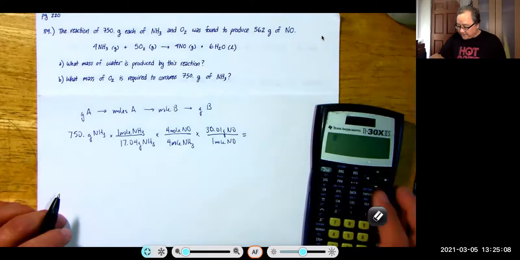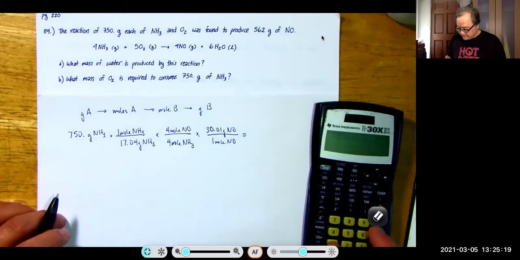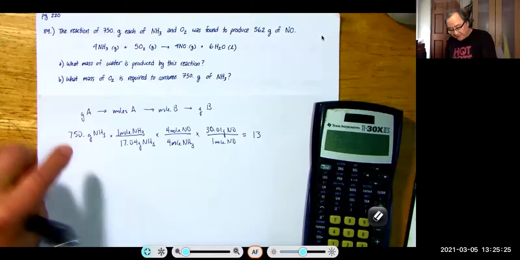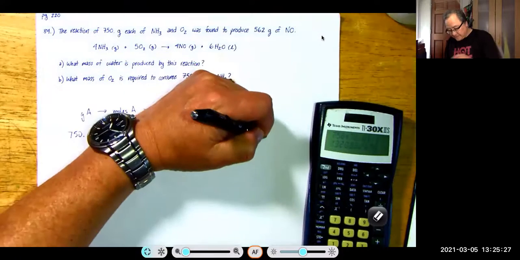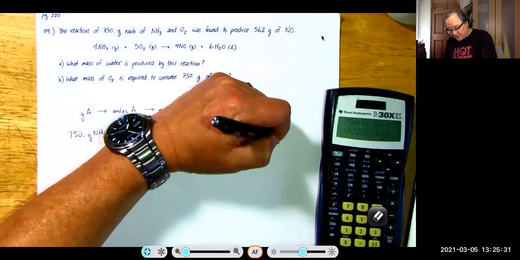And let's see what we get. 1,320. And we get 3 significant figures. So there we go. And that's grams of nitrogen monoxide.